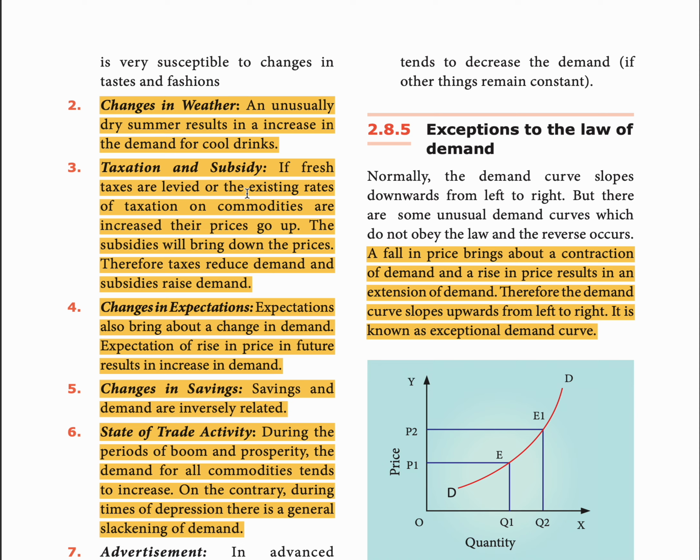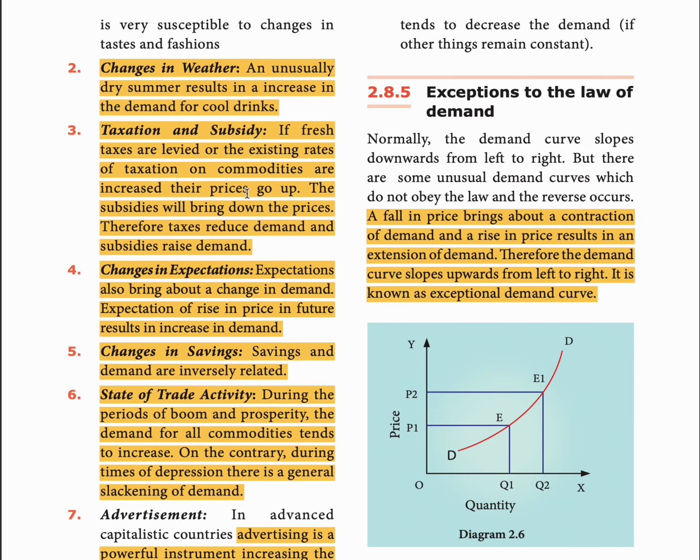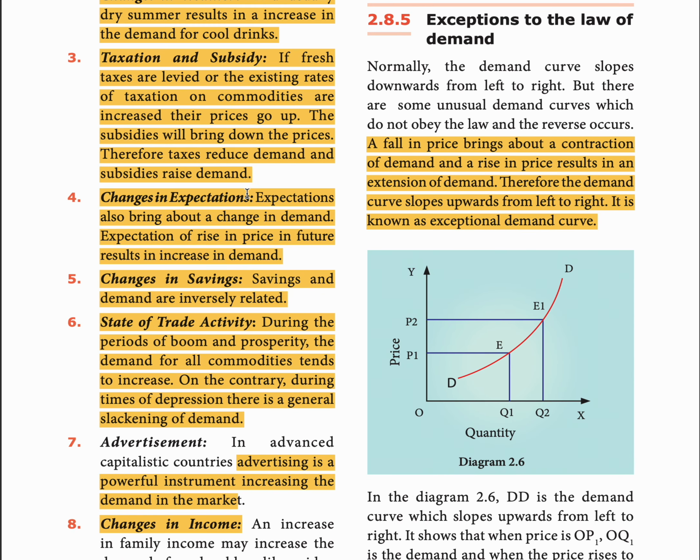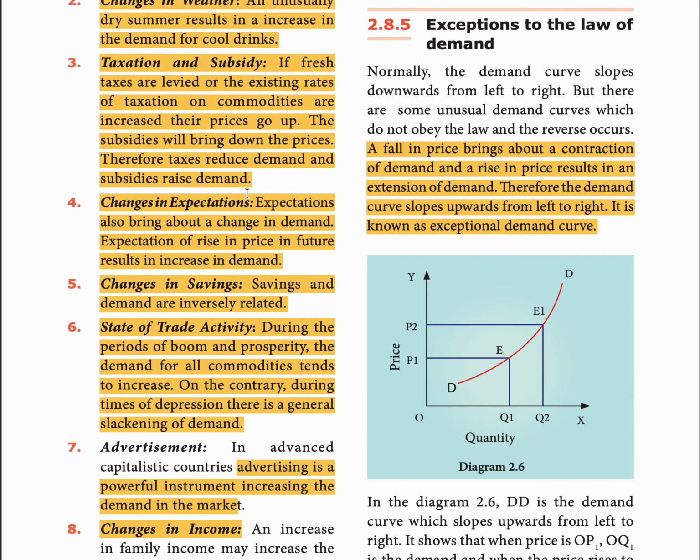If fresh taxes are levied, or the existing tax rates on a commodity are increased, its price goes up, and if the price of the commodity increases, the demand will decrease. In the case of subsidy, if the government gives a subsidy, the price would come down and demand will increase. Then changes in expectations, changes in savings, state of trade activity, advertisement, change in income. These are some of the things which affect demand.